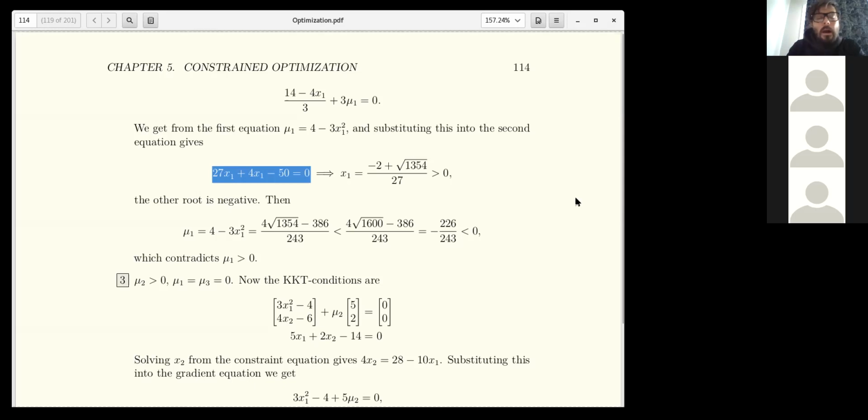Now this is just a quadratic equation and you can solve for x1. It has two roots. This should be plus or minus, but the negative root can be discarded because x1 must be greater than or equal to 0. And then we solve for mu1 from this equation, and we get mu1 is negative. So this is a contradiction.